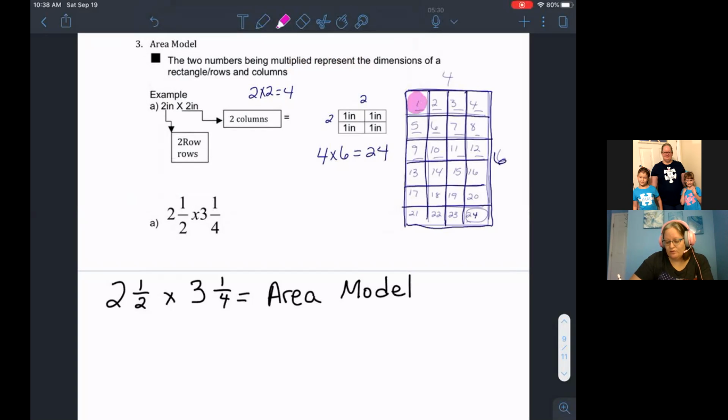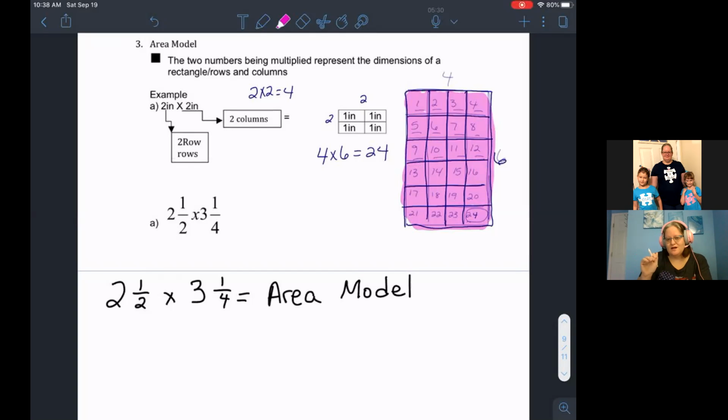So you have 1, 2, 3, 4, 5, 6, 7, 8, 9, 10, 11, 12, 13, 14, 15, 16, 17, 18, 19, 20, 21, 22, 23, 24. So that shows how everything that's inside the box is the same thing as the 4 by 6.